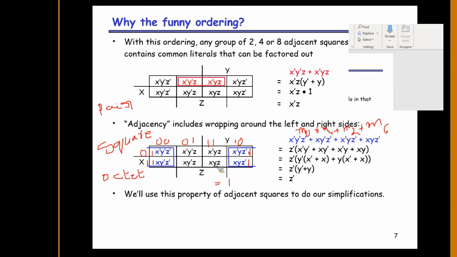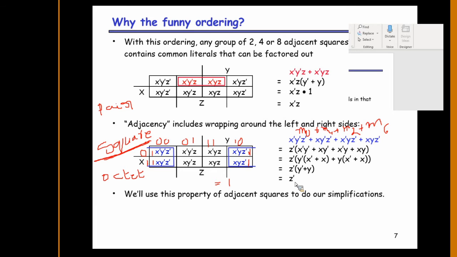Of these four minterms, if those are adjacent, then we can form the minimal expression by forming a square. 4 square adjacency can reduce the number of variables which are not common between those minterms. Here x is 0 row-wise, x is 1 for these 4 minterms, whereas y belongs to 0 and here y is 1, z is 0, 0.